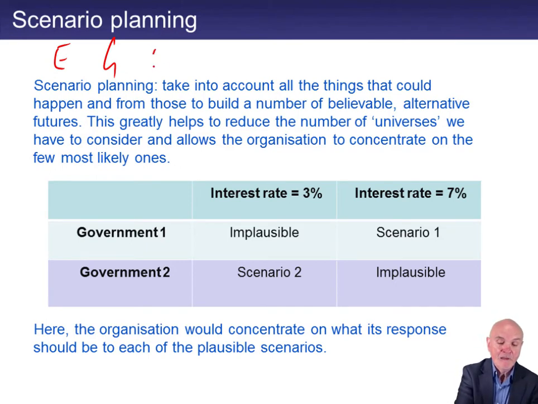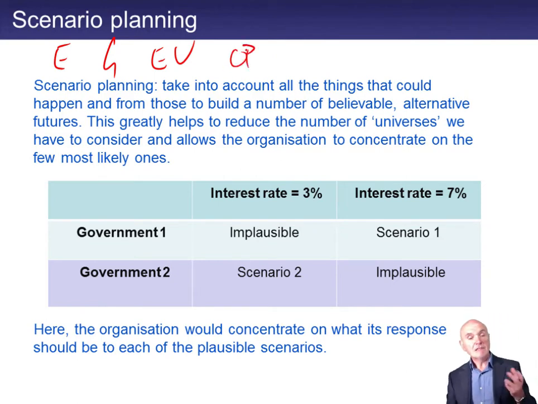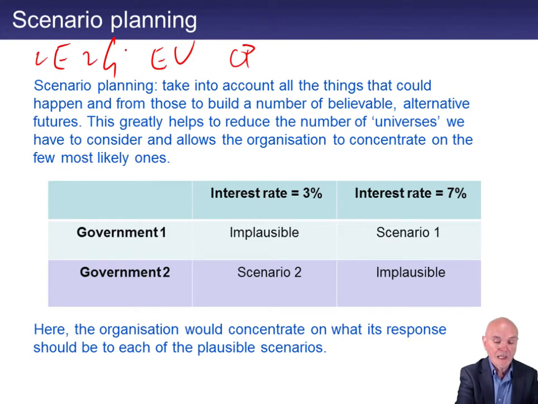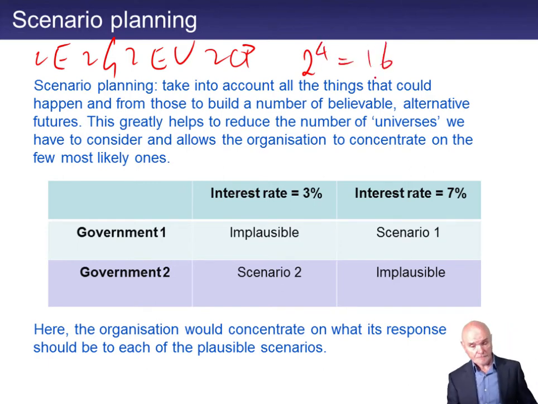Let's say we're in the EU or we're out of the EU. Let's say we have a high oil price, low oil price. So each of those is up and down, each has 2 outcomes. And if you've got 4 variables, each with 2 outcomes, you've got 16 permutations.